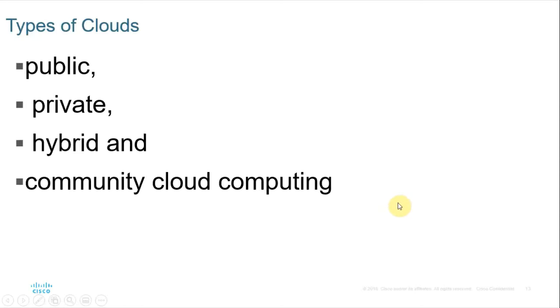Finally, we come to the different types of clouds. We have public cloud, private cloud, hybrid, and community cloud computing. I'll just tell you the difference between public cloud and private cloud. For example, your Gmail ID comes under your private cloud.